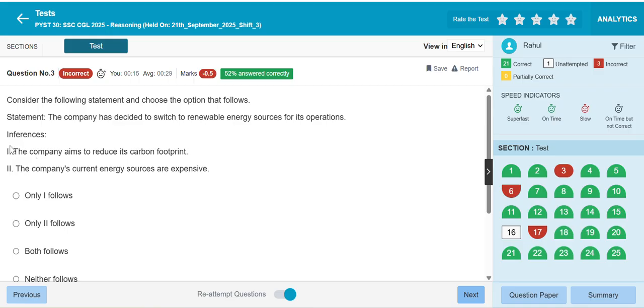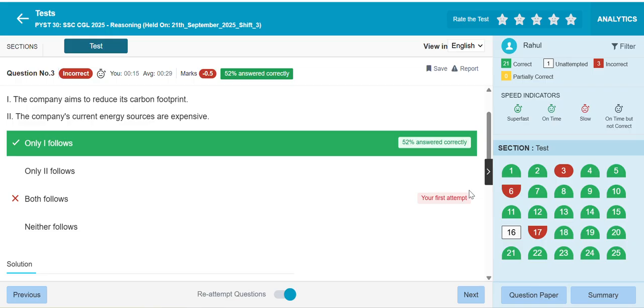The inferences: the company aims to reduce its carbon footprint. Definitely, one follows. Second, the company's current energy sources are expensive. What I thought is that's the reason why they are changing, so both one and two follow. Later I realized that only one follows.